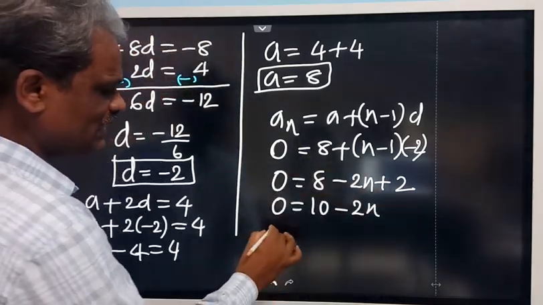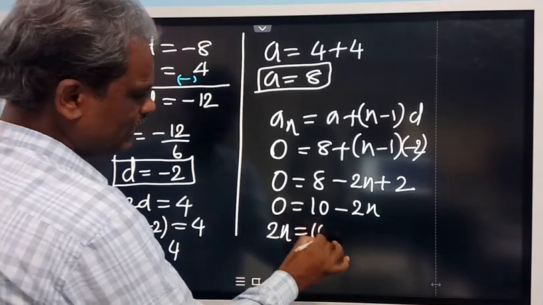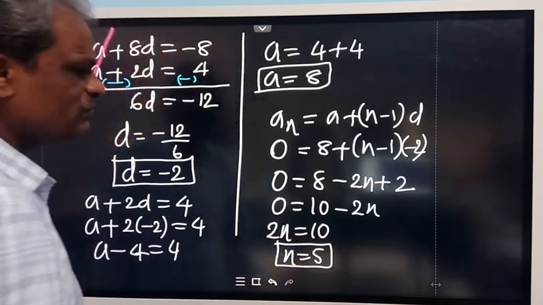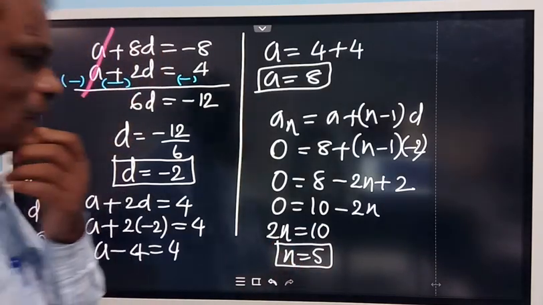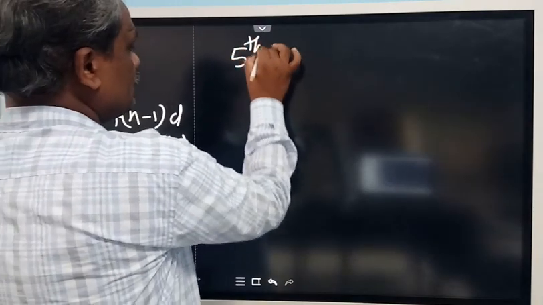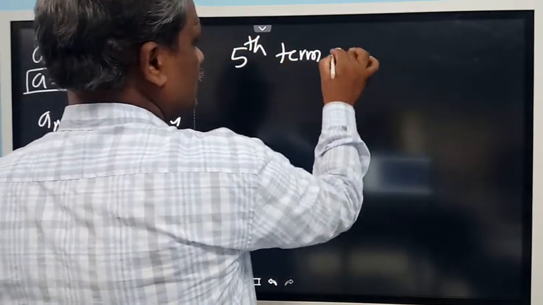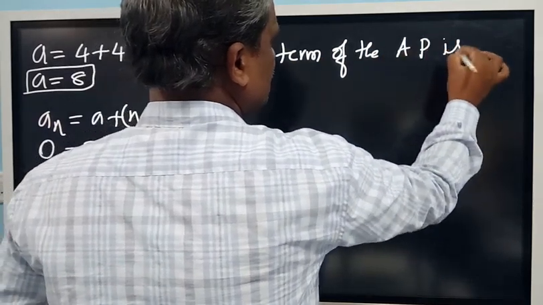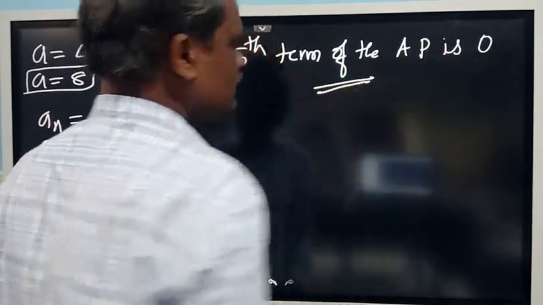Transfer 2n to the left side. 2n is equal to 10. So n is equal to 5. So that means the fifth term of this AP is 0. Conclude that the fifth term of the AP is 0. So this is the solution.